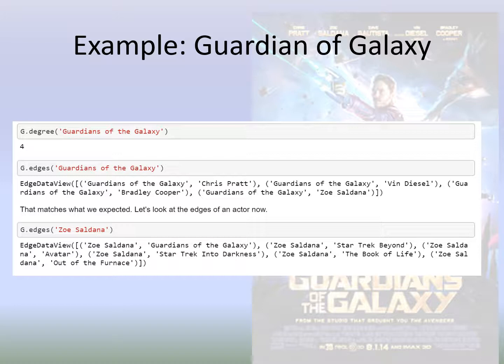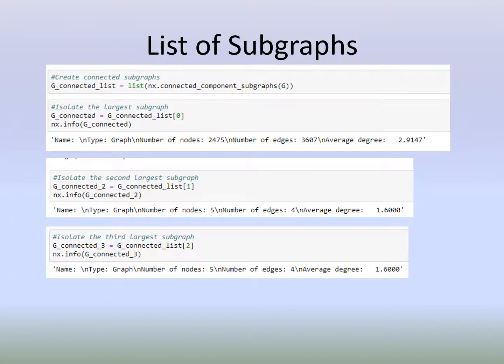And here is the actor Zoe, in different movies like Guardians of the Galaxy, Star Trek Beyond, Avatar, and so on. So the test shows the transformation is a success.